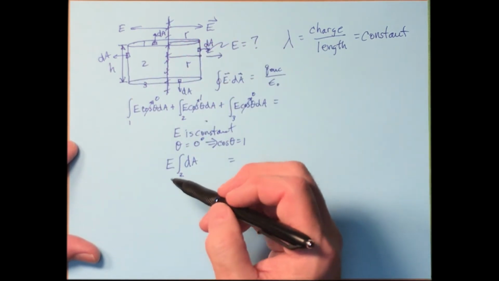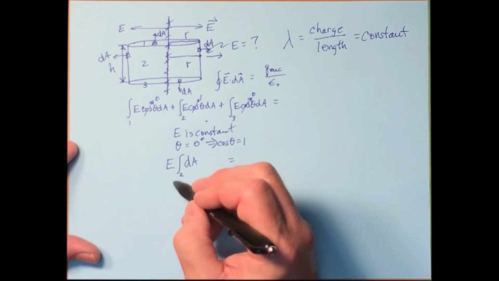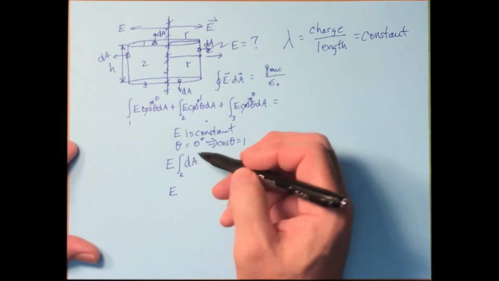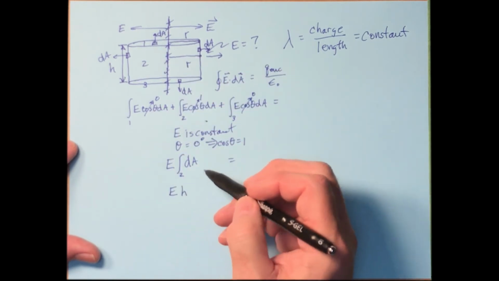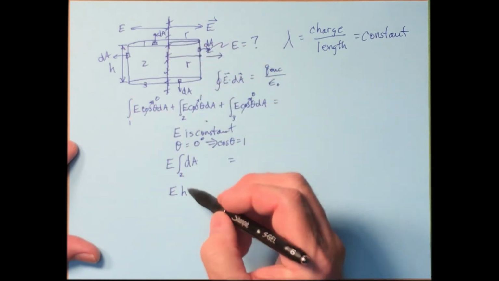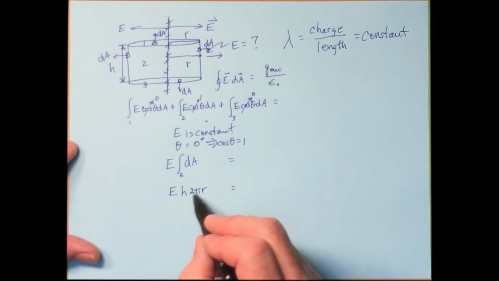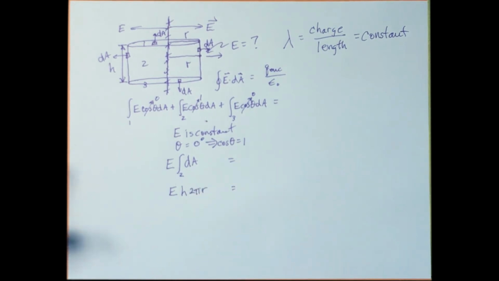You will discover in a minute, though, that the value of h doesn't really play a role here. It cancels out. So what do we have left? E times the surface area of area 2, which is going to be h times the circumference, which is 2 pi r. And there we've evaluated the integral over area 2 now.